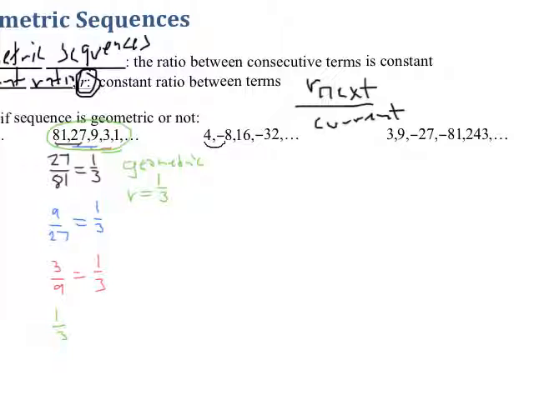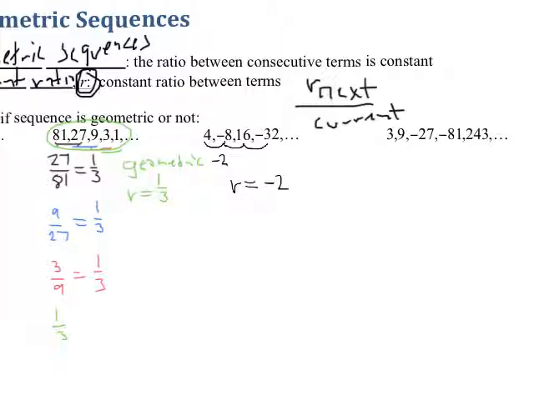And so the ratio for these first two terms is -2. And if you take -8 and multiply it by -2, you get +16. And if I take +16 times -2, I get -32. And so this is consistently multiplying by -2. And so yes, this is geometric. And the ratio this time is -2.